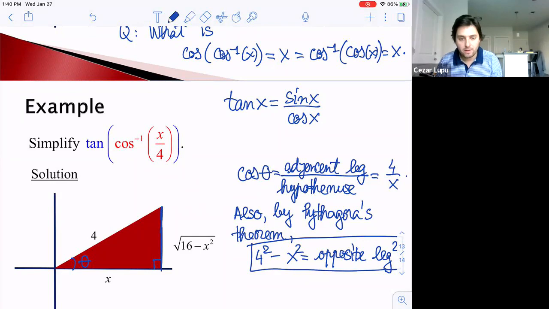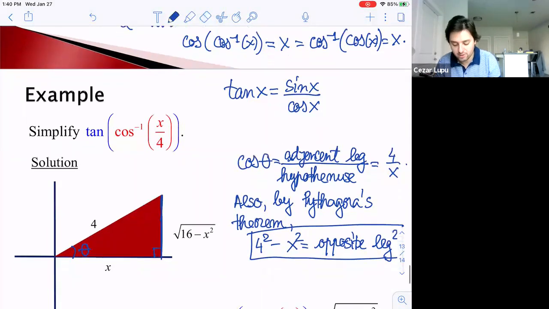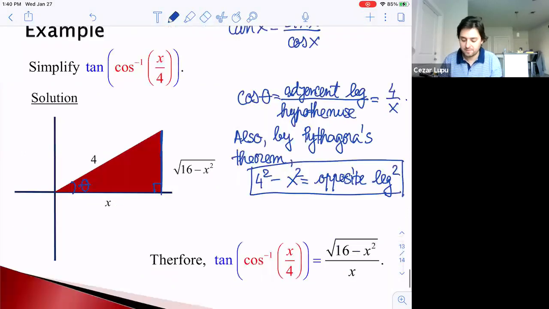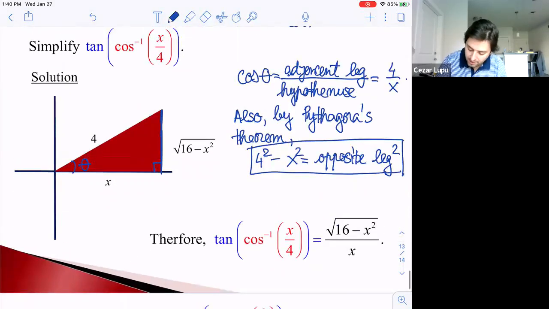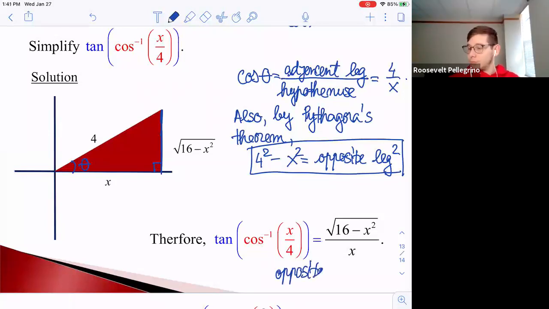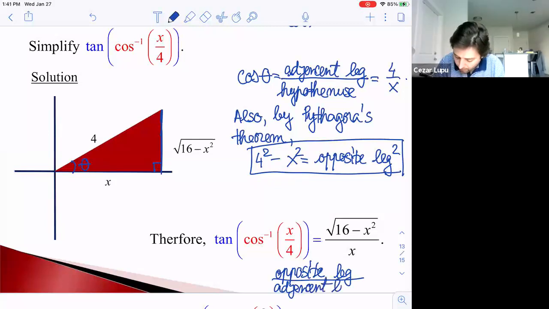So the tangent of this angle is nothing else than the opposite leg over the adjacent leg, which is this. So that's what this guy is.